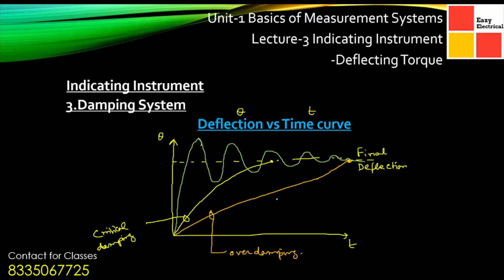This indicates that whenever the pointer moves from its 0 ampere position to the final deflected position, that is 5 ampere, there is a certain amount of oscillation. A certain amount of oscillation is good, and we get this from the underdamped system.